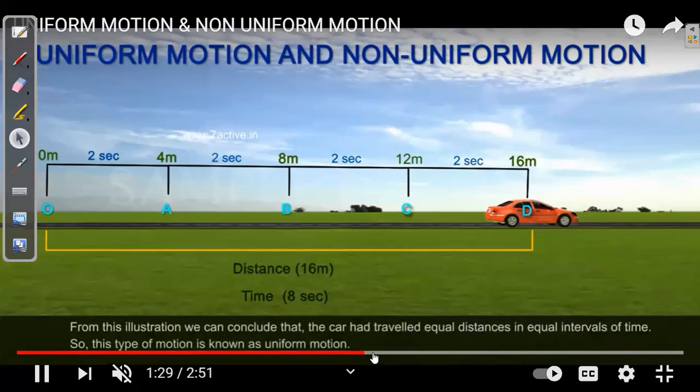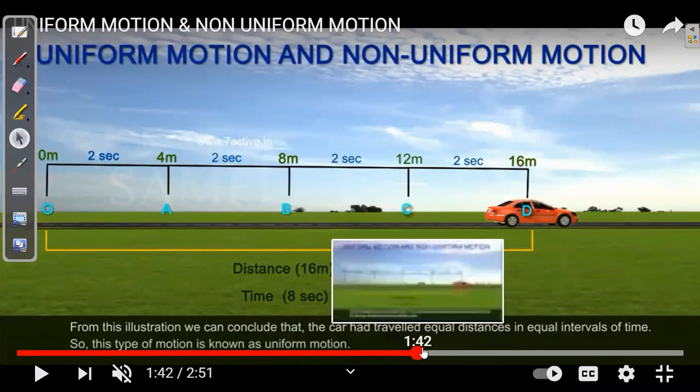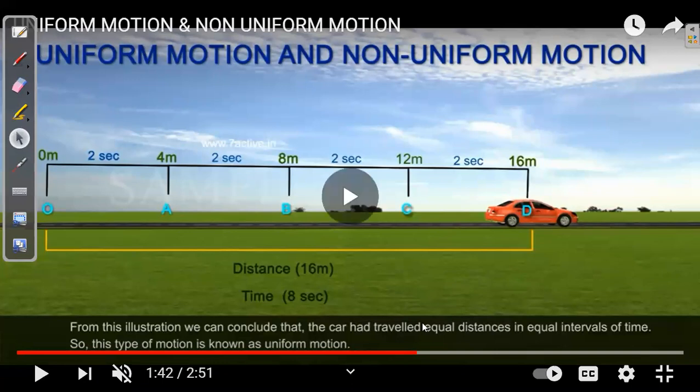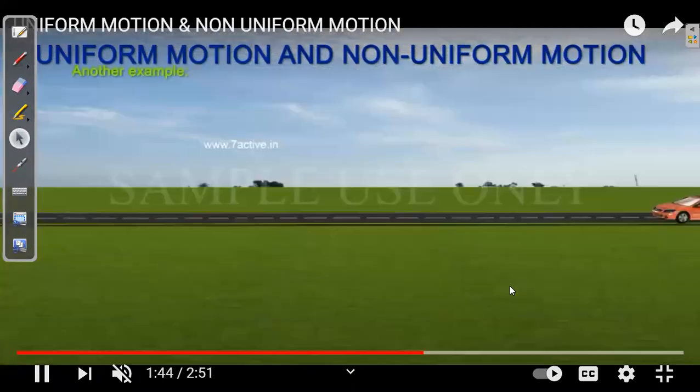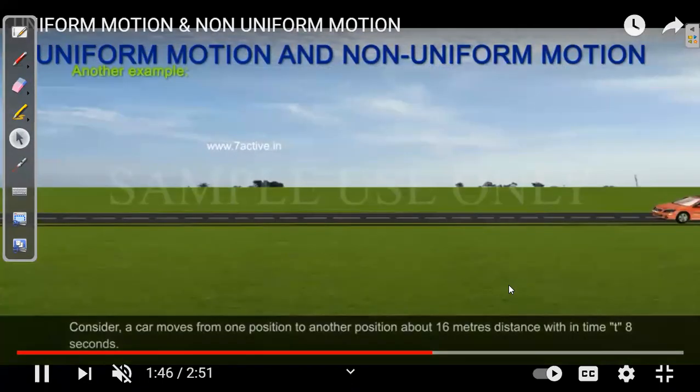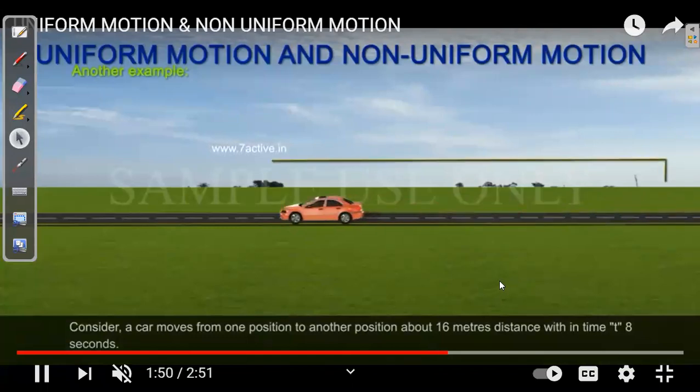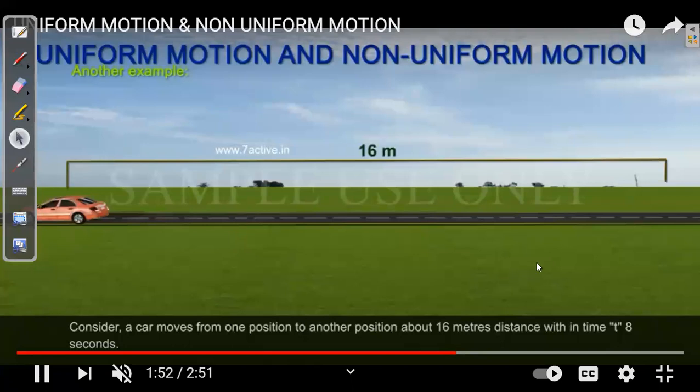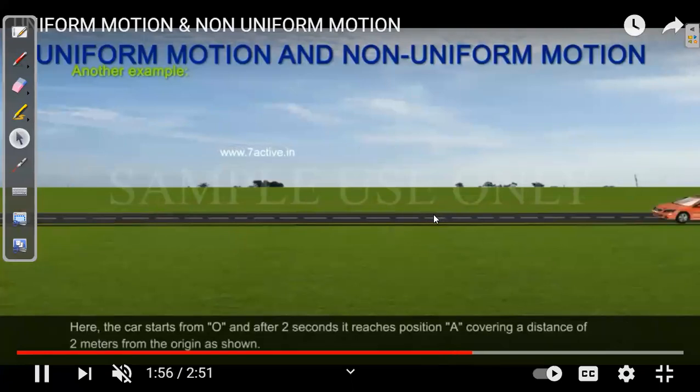And what about non-uniform motion? In non-uniform motion, you can see that it is 16 meter. Time is total 8 seconds. Now look at this carefully.